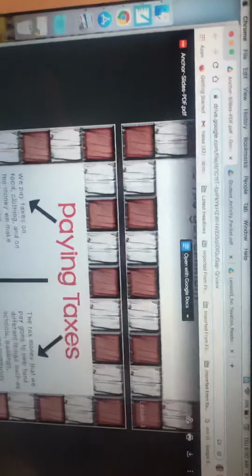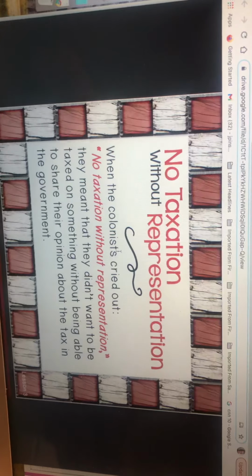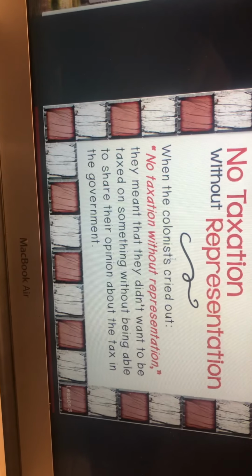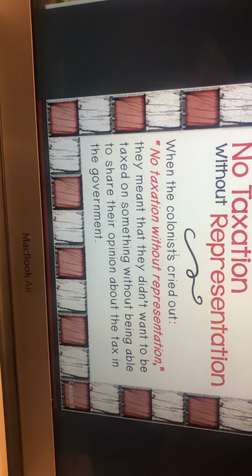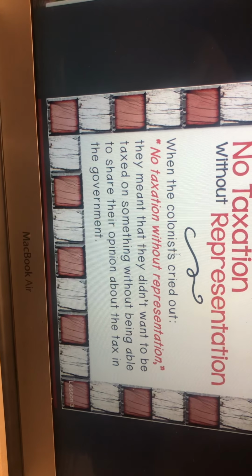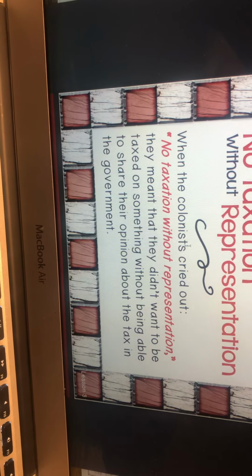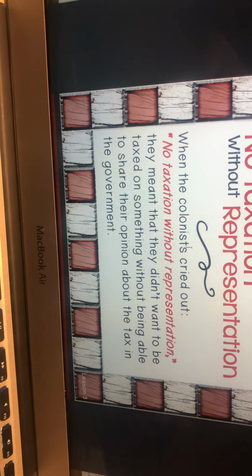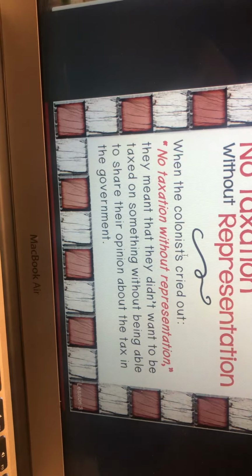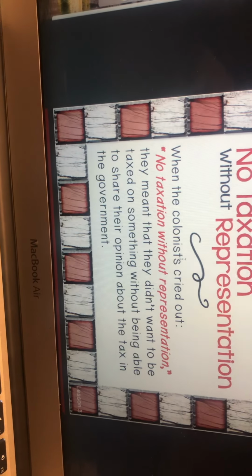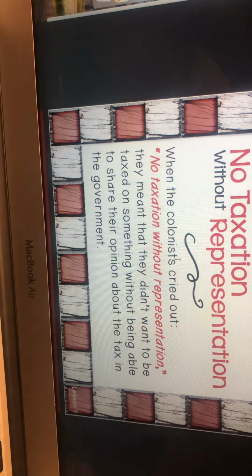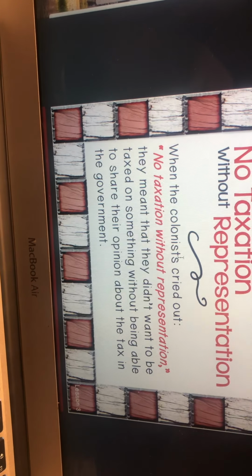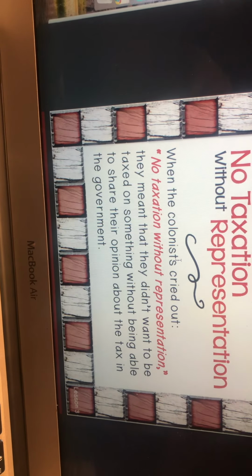Now that we've learned about paying taxes, we're going to be learning about no taxation without representation. When colonists cried out no taxation without representation, they meant that they didn't want to be taxed on something without being able to share their opinion about the tax in the government. The king decided to tax the colonists, as we learned last lesson, because of the French and Indian War and their war debt.